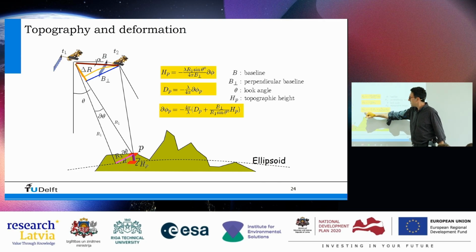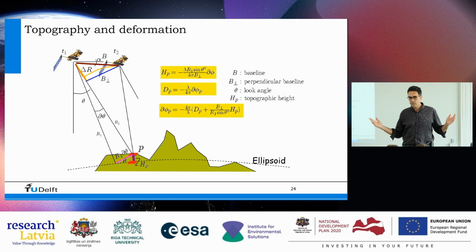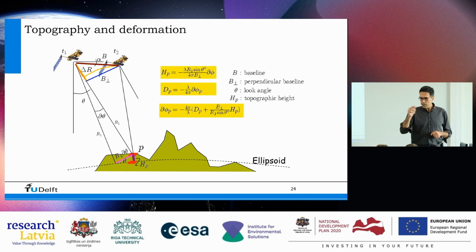I have one observation, one color in my interferogram, but I have two unknowns: the displacement and the elevation. And that's a problem, right? If I have one observation and two unknowns, I cannot solve that. If I say A plus B is 7, I will never be able to know what A and B are. There are many different combinations which will give me the number 7.